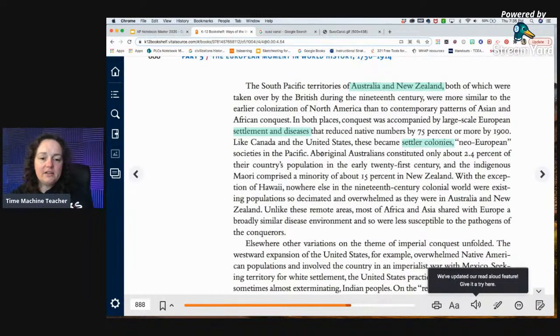You'll also want to write down this word. This is Aboriginal. That means that those were the original people in Australia and New Zealand.